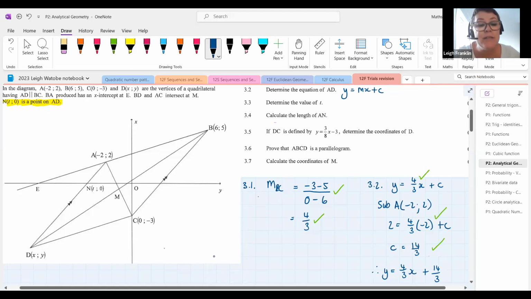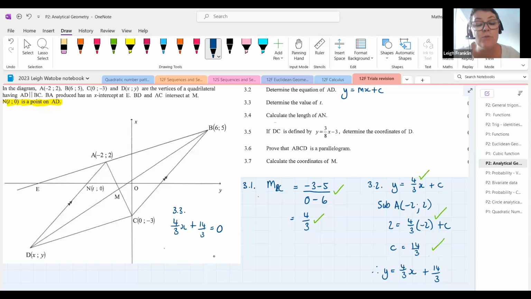So I'm going to sneak question 3.3 in here. We would take 4/3x plus 14/3 and make that equal to 0. Let y be equal to 0. Then 4/3x would be equal to negative 14/3.